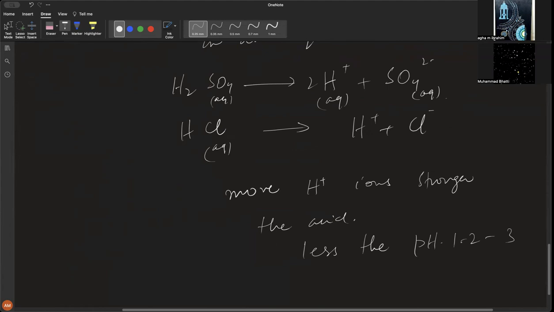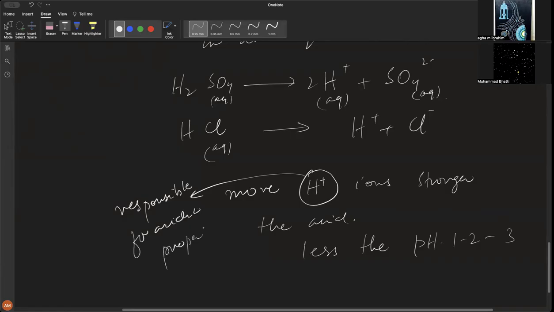This H positive ion is actually responsible for the acidic property. Do you understand now?